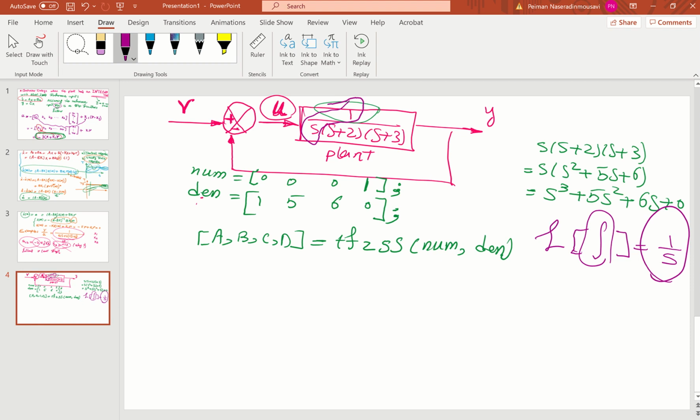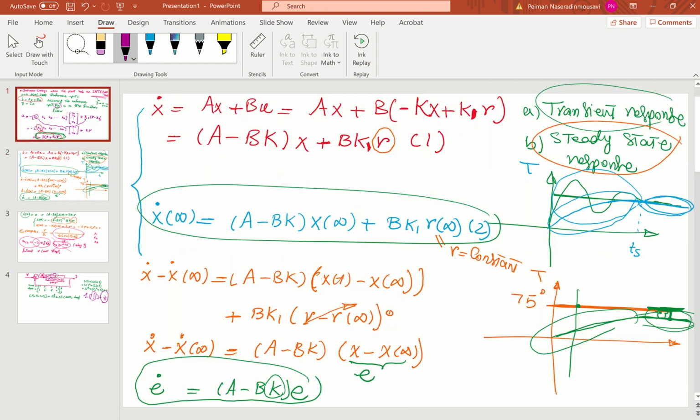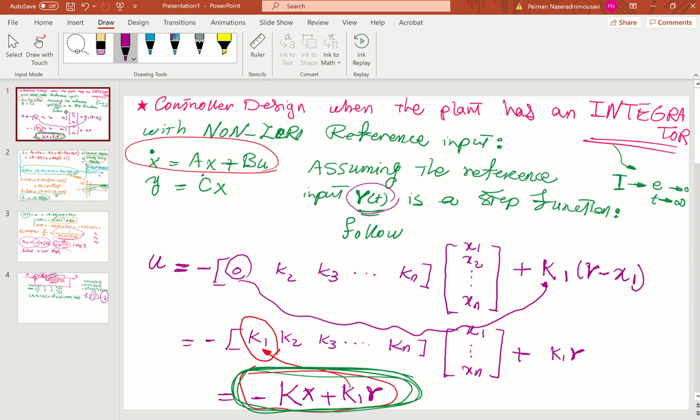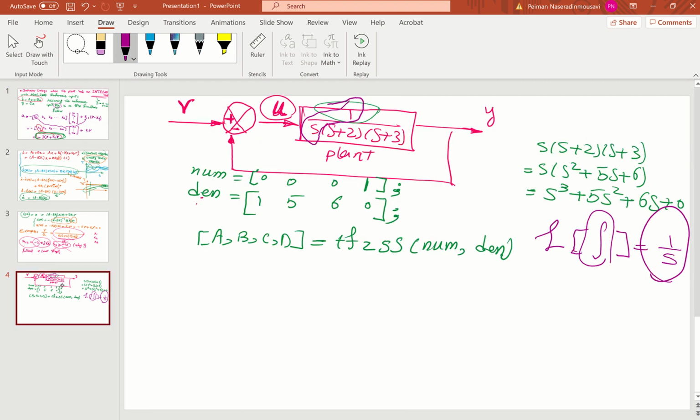So this system has an integrator in the open loop transfer function. That's why you can use this state feedback control law. When it doesn't have one, there is another formula I'm going to teach you. So this is for the case with an integrator, and a non-zero reference because it's a unit step from undergraduate control. You want to follow this. So now, going to Matlab.